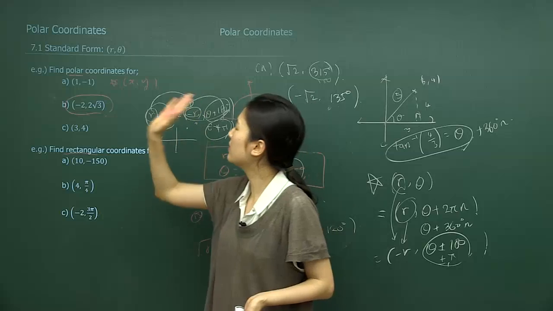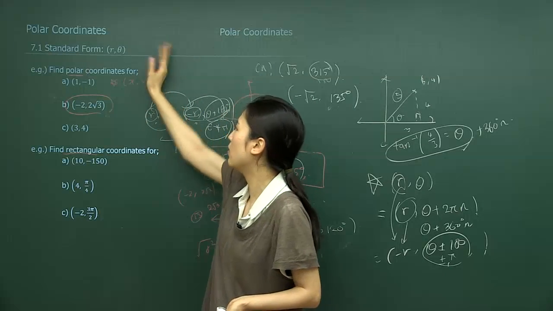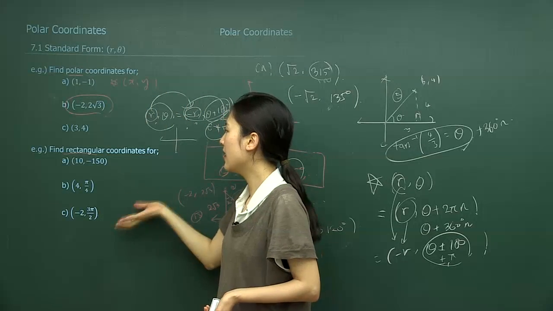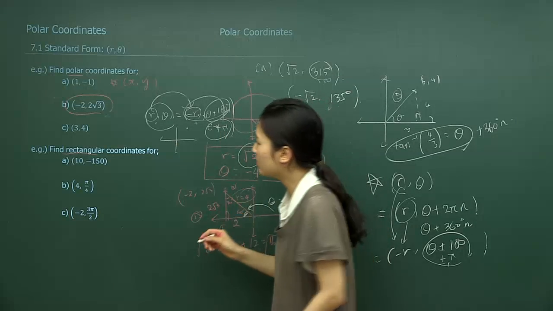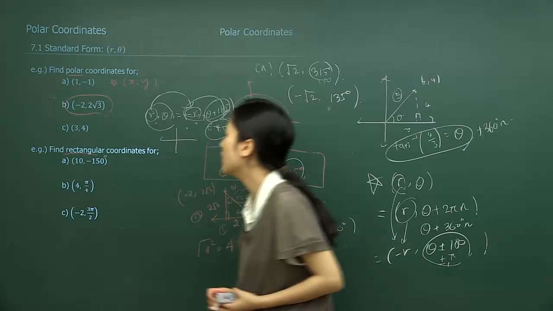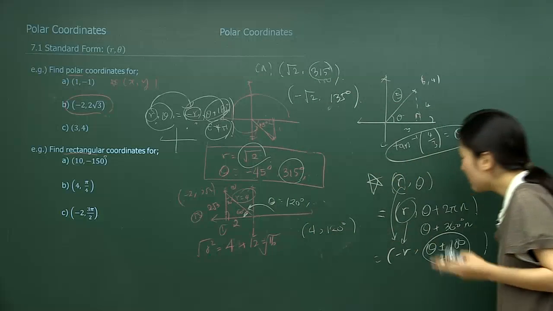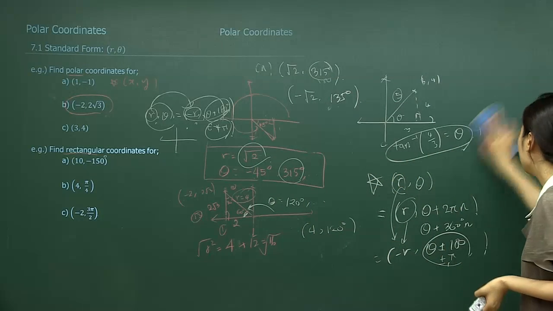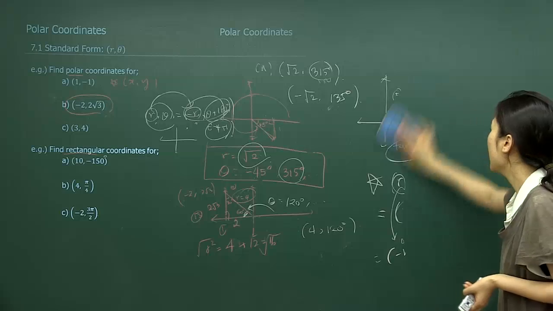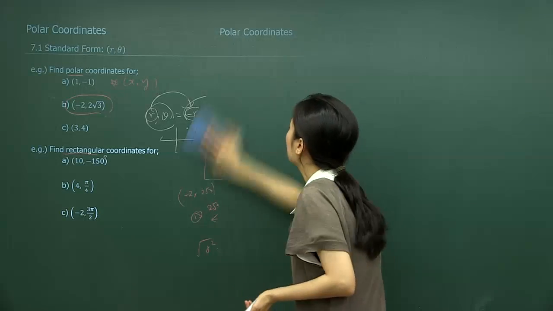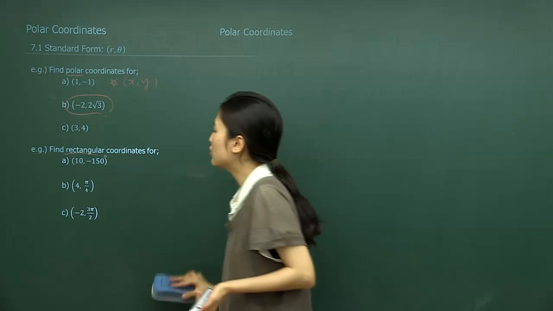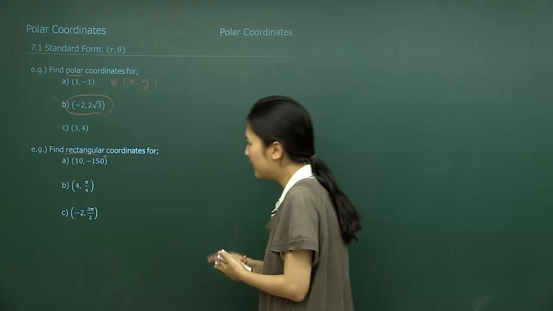So we were doing polar coordinates until now. Let's use the polar coordinates in order to look for the rectangular coordinates. Okay, so now you need to remember how you find the position of the point in terms of polar. We have to measure the angle.